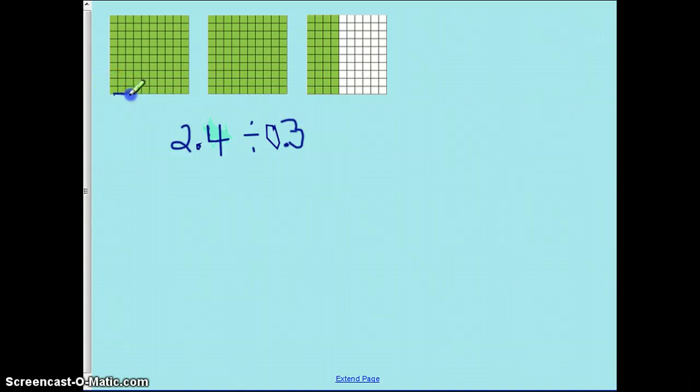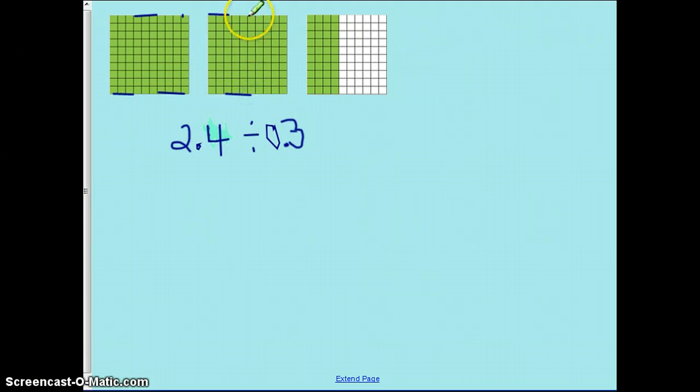There's 1, 2, 3. 1, 2, 3. 1, 2, 3. And then 1 from here, 2 here, that's 3. Then down here, 1, 2, 3.